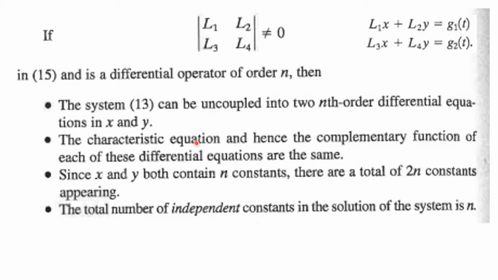The characteristic equations, as I said, and hence the complementary functions of each of these will be the same, although the constants could be different. And speaking of constants, since x and y both contain n constants, there are a total of 2n constants that appear, but they are related, as we saw in class last time. And the total number of independent constants in the solution of the system then would be n.